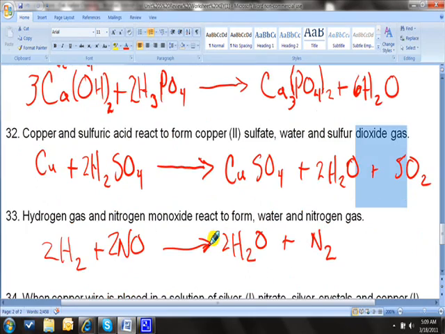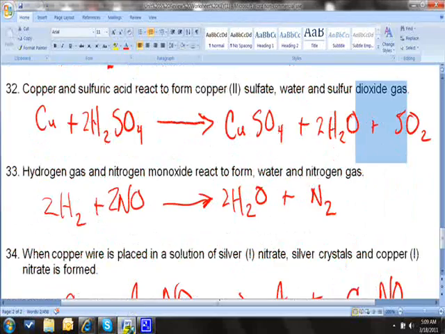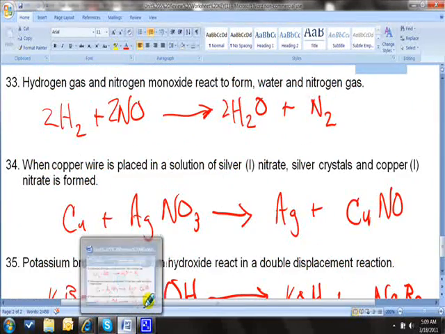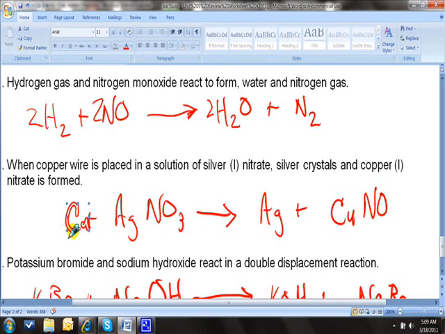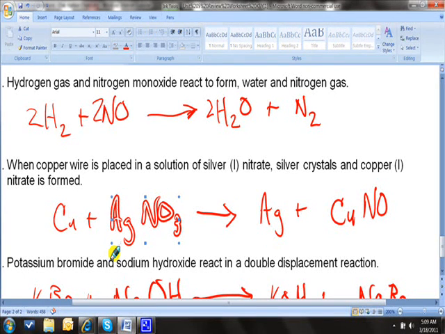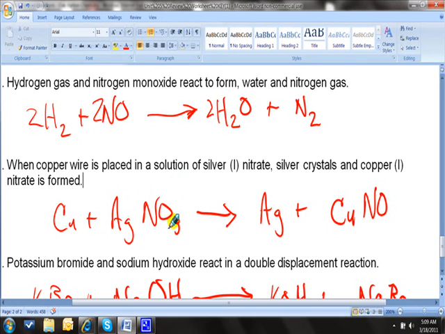Let's move on down somewhere here. There's something we really need to take a look at. There it is, number 34. Did you work through number 34 and say, something doesn't look right in this key? Here we have copper. We have silver nitrate. Okay, that looks good.